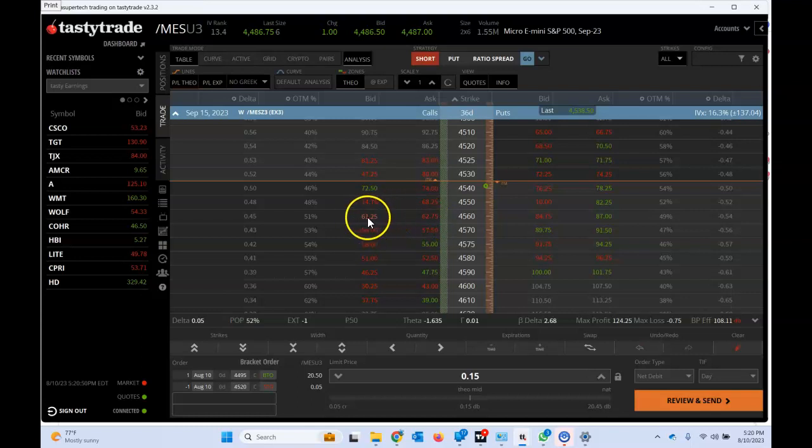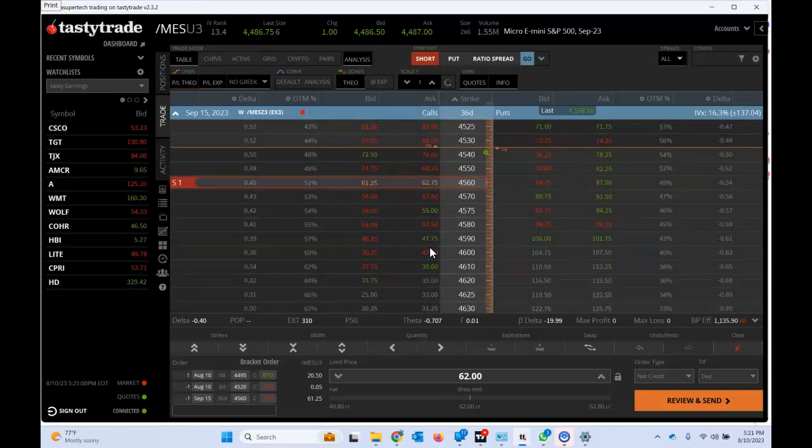All right, so I'm going to sell the 45.60, and then I'm going to go 15 points out here. Let's say 20 points out. And let's buy the 45.80. Let's see how that looks.